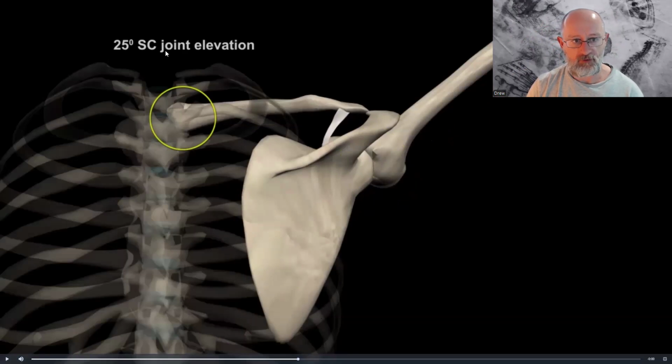And then we have 25 degrees of SC joint elevation. So that's the sternoclavicular joint. Where your collarbone meets in the middle here, that's the joint there, really strong. That's the only joint in the body where the arm actually physically connects to the spine. So there's some movement that happens in that joint as well. When you breathe in, if you put your hand on your collarbone and take a big breath in, you'll feel that clavicle lift up.